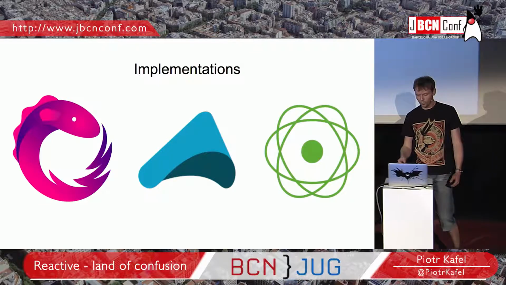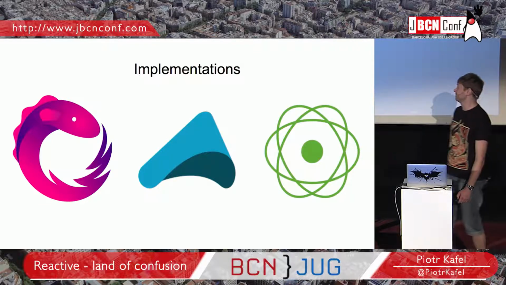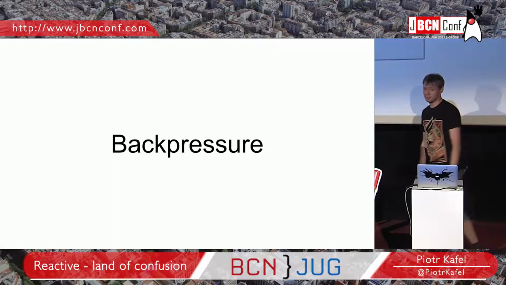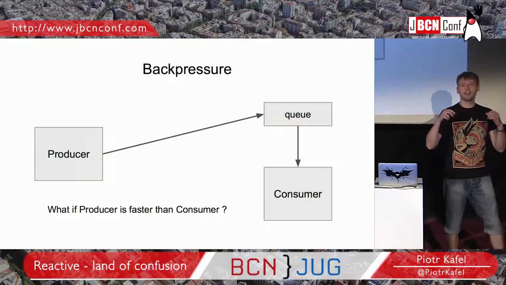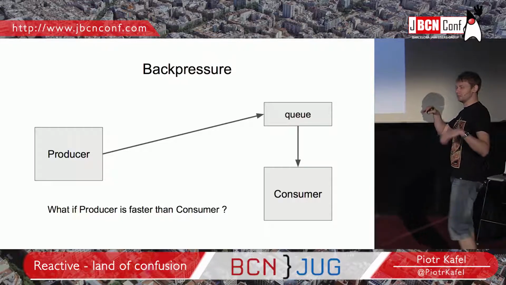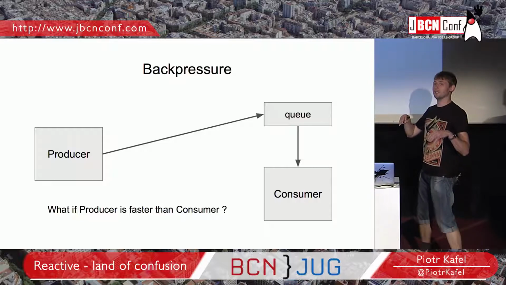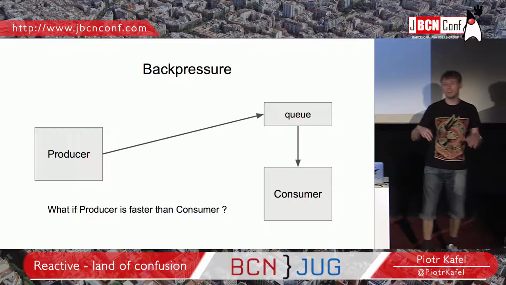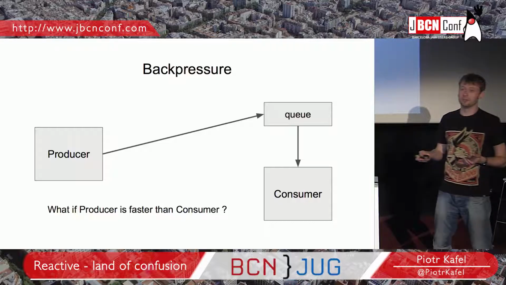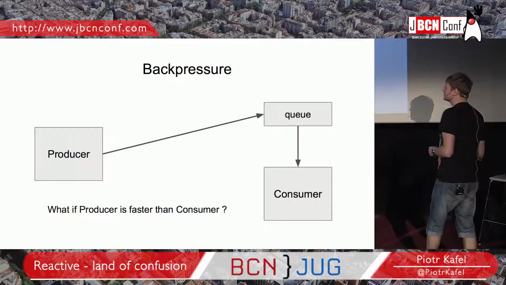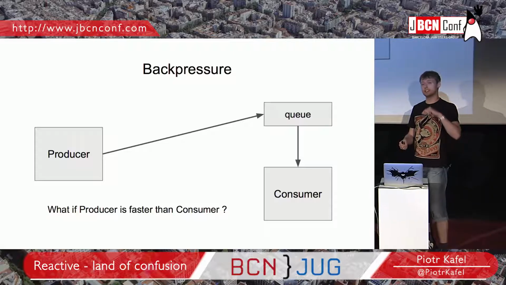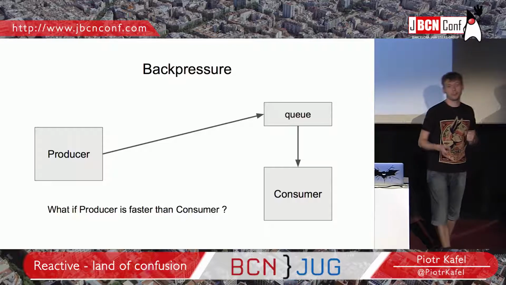Okay, but what's with the back pressure? The concept of back pressure is actually pretty simple. In a perfect world, whenever you have a consumer and a producer, they are working at almost the same speed, right? So you have no problem. If the producer is slower than the consumer, that's not a problem for you either. You're pretty safe. The question is, what will happen if the producer is producing faster than the consumer can consume?